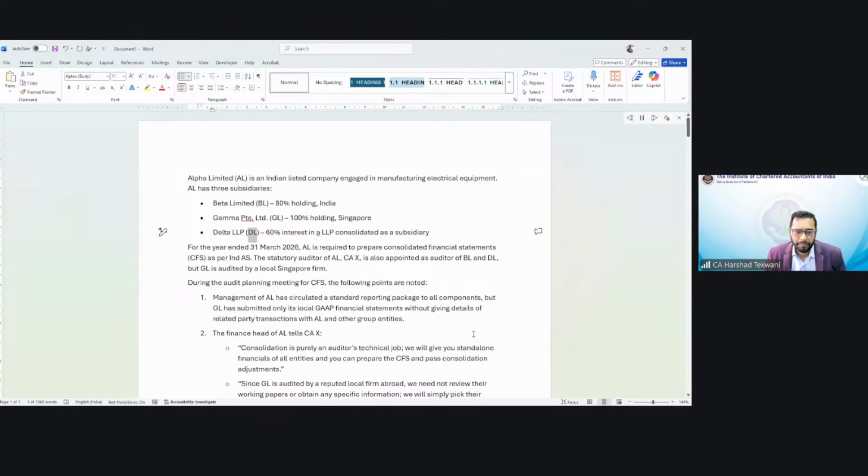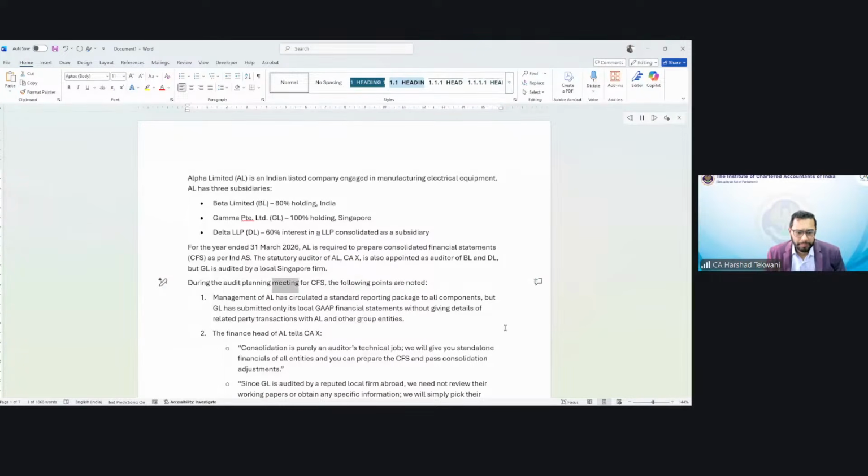Delta LLP, DL, 60% interest in an LLP consolidated as a subsidiary. For the year ended 31st March 2026, AL is required to prepare consolidated financial statements, CFS, as per Ind AS. The statutory auditor of AL, CAX, is also appointed as auditor of BL and DL, but GL is audited by a local Singapore firm.